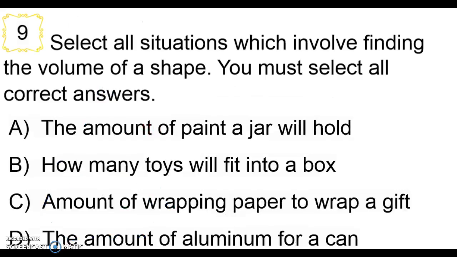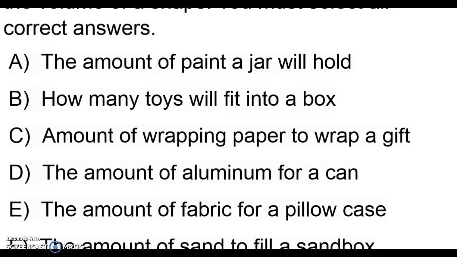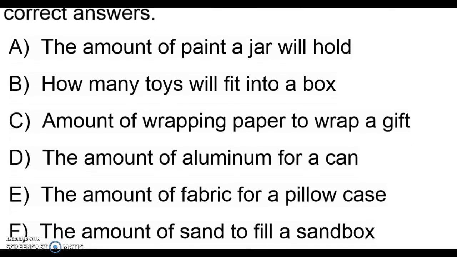Example 9, select all the situations that would involve finding the volume of a shape. You must select all correct answers. So go ahead and find all the answers that you would need to use the volume formula for. All right, example A, the amount of paint a jar will hold. Well, the key word there is hold, so we're going to say B. How many toys will fit into a box? So we're going to select B. C, the amount of wrapping paper.